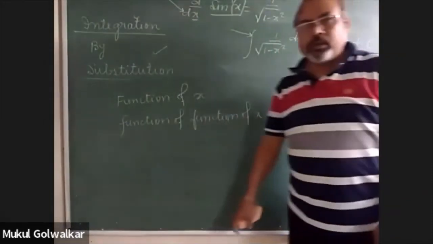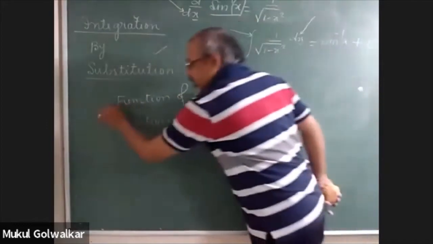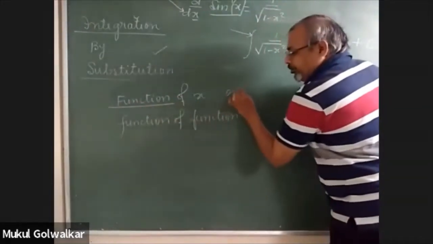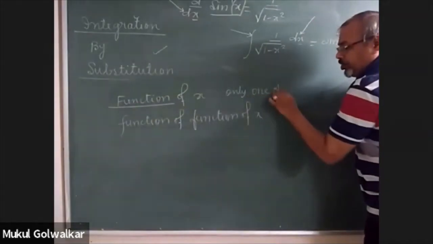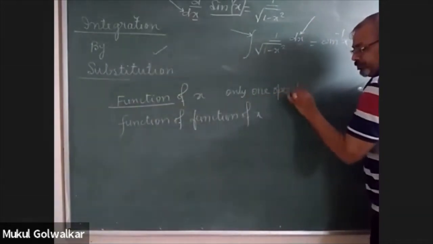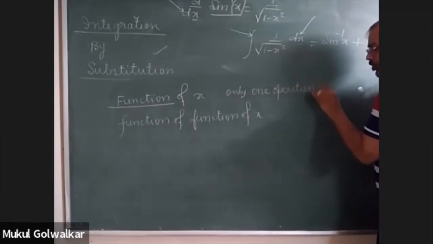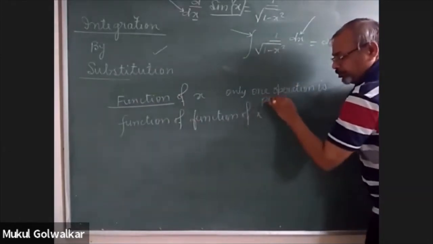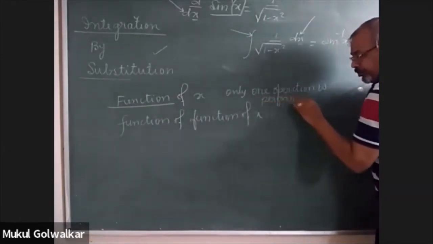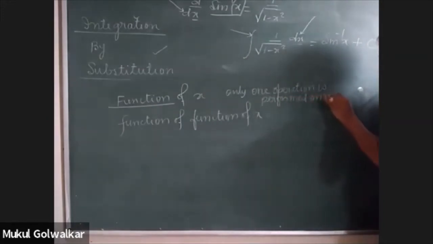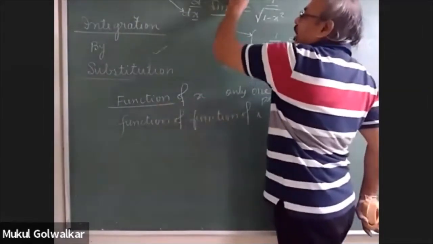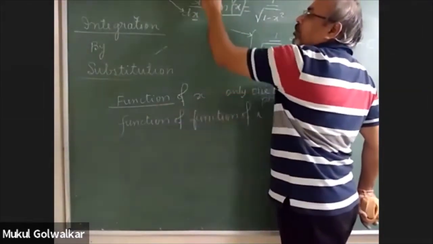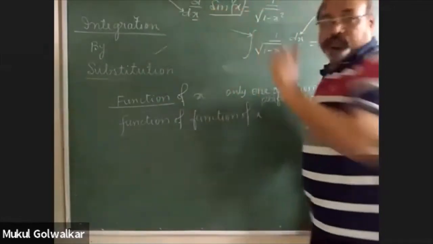Are you understanding? Function of x means only one operation is performed on the variable x. For example, on this variable x, we perform only one operation, that is the sine inverse operation.